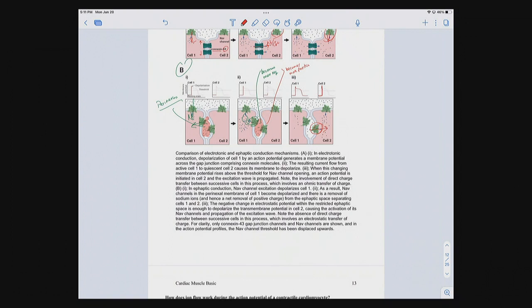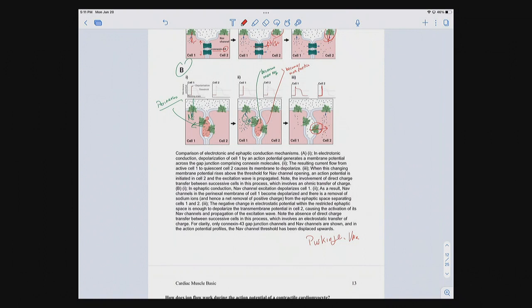So the big trigger is the voltage-sensitive sodium channels in the contractile cells, where you don't have those in the non-contractile. Now, there is one exception to that. There's always an exception. One exception are the Purkinje fibers. The Purkinjes actually do have voltage-sensitive sodium channels that aid in their depolarization.